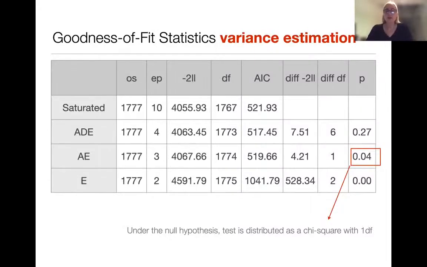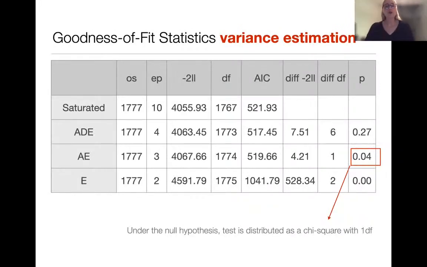This means that dropping dominance from the model makes the model fit significantly worse, suggesting that dominance genetic variance contributes significantly to the variance in BMI. Under the null hypothesis, this test is distributed as a chi-square with 1 degree of freedom.